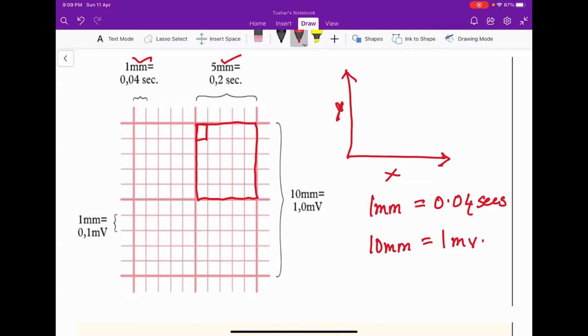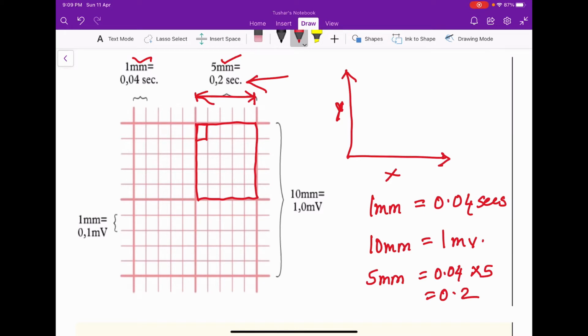So this has to be made clear. Now 5 millimeters on the x-axis is equivalent to 0.04 multiplied by 5, which is 0.2, which is shown over here. So from here to here will be 0.2 seconds of an ECG.